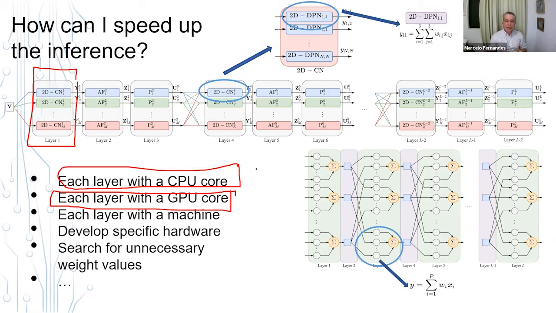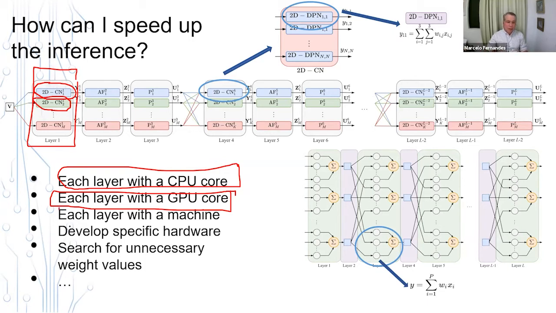I can accelerate this processing using a GPU. It's simple because inside the GPU I have many cores, thousands of cores, and I can put each layer, or each processor here, inside of a core.